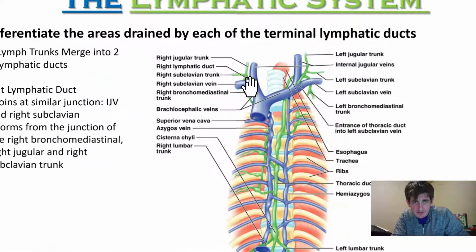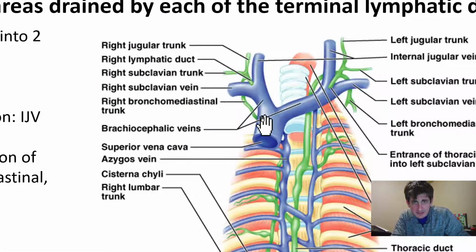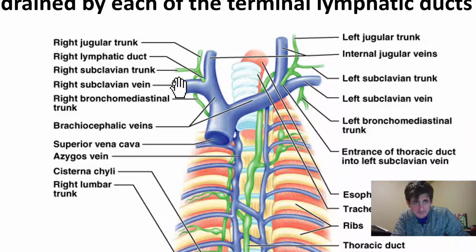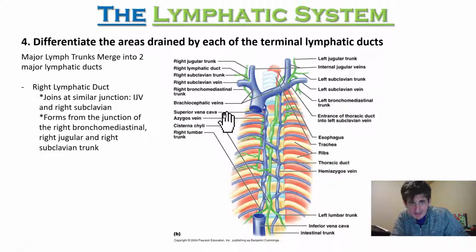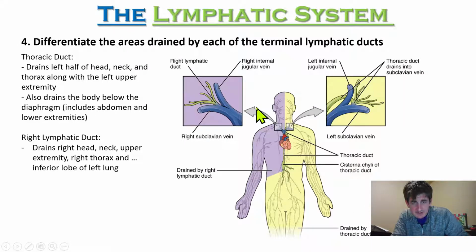All these trunks will drain into the right lymphatic duct, which will drain into the junction of the internal jugular and the right subclavian vein, which will go into the right brachiocephalic vein, into the superior vena cava.